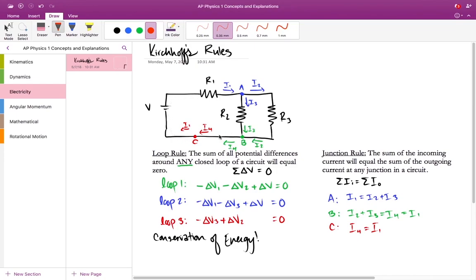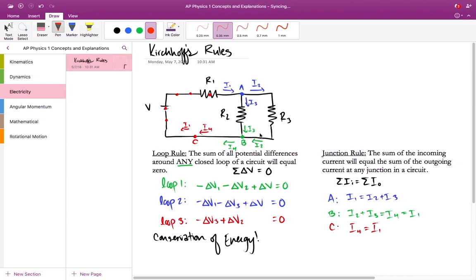So the junction rule is really what tells us that along series branches of circuits, the current should always be the same, because we can draw a junction at any point along this series component of the circuit, and at those junctions the incoming current has to equal the outgoing current, even if that junction has a resistor on it, or even if that junction has a voltage source on it. It doesn't matter.